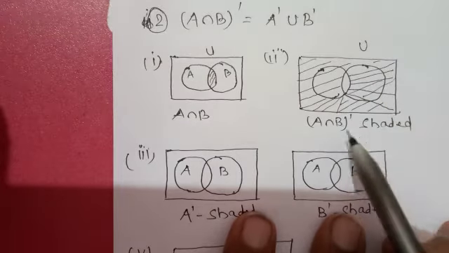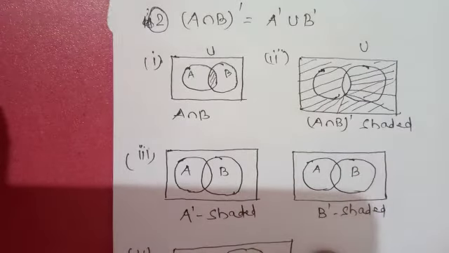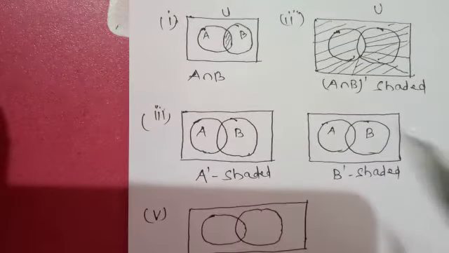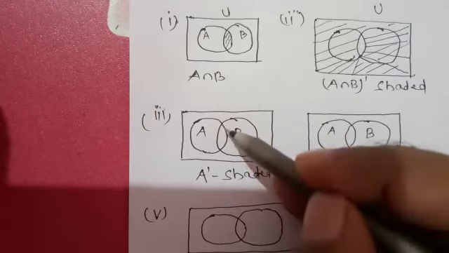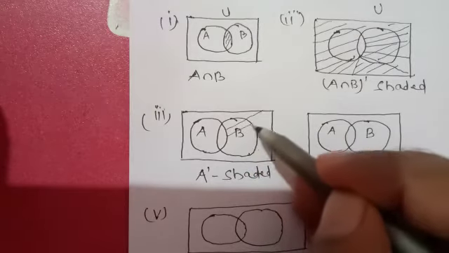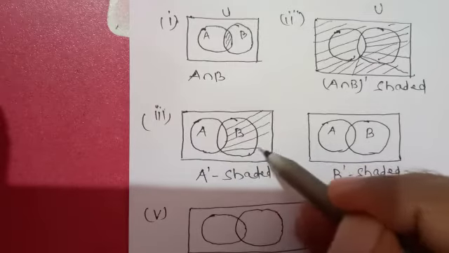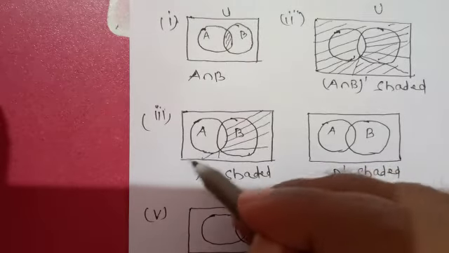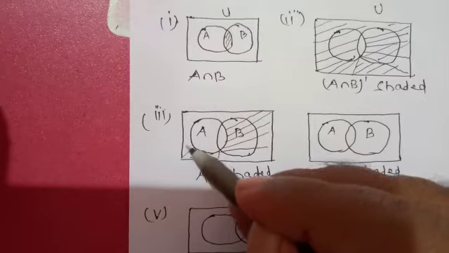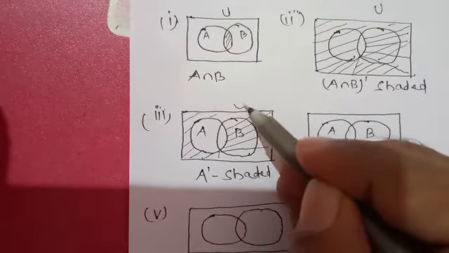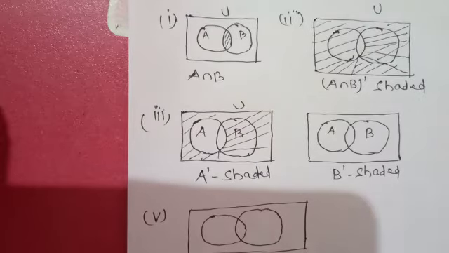And we write (A intersection B) complement shaded. In the next part, the complement of A is shaded. You have to shade those parts which are not in set A but in the universal set.